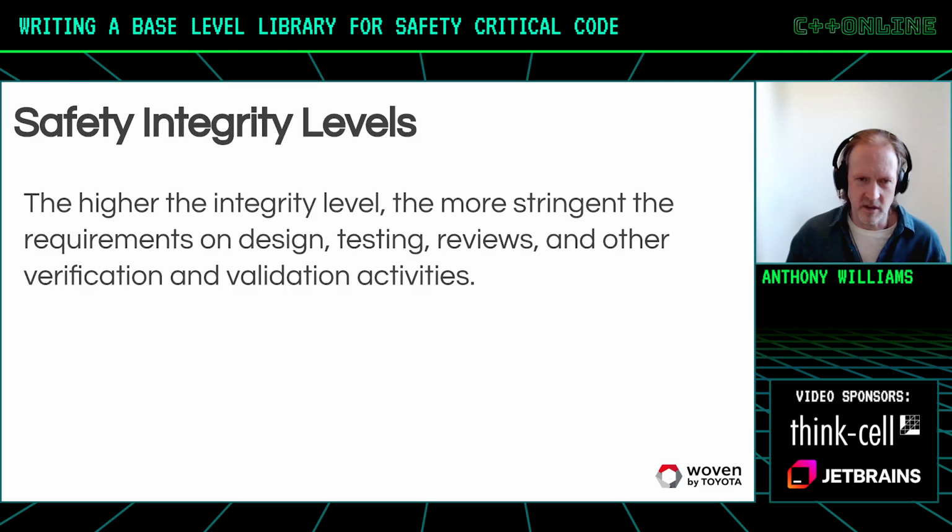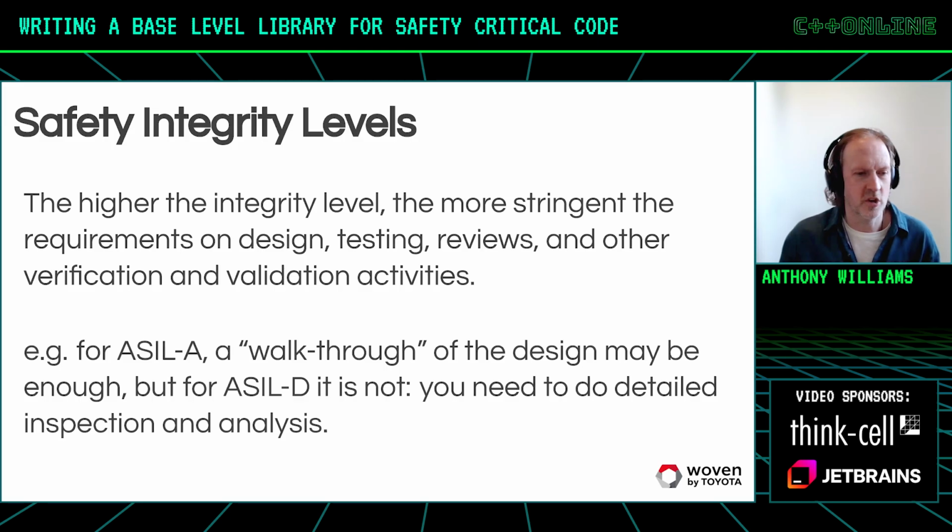And the higher the integrity level, the more stringent the requirements on your process overall, and then as a consequence, the evidence that you're expected to provide to the regulators and auditors. So just as a concrete example, if you're doing automotive software and you've got something that's ASIL A, then it might be enough to just do a walkthrough of the design with the auditor.